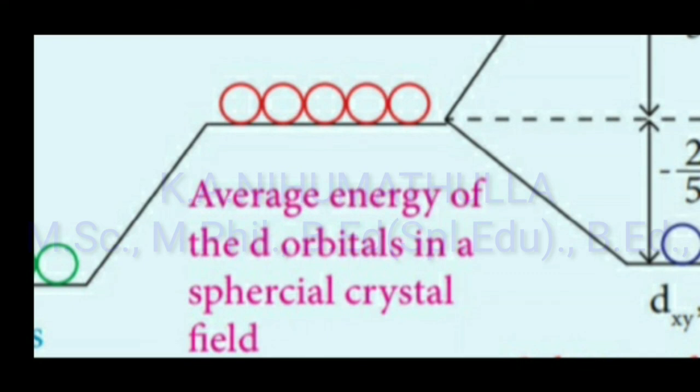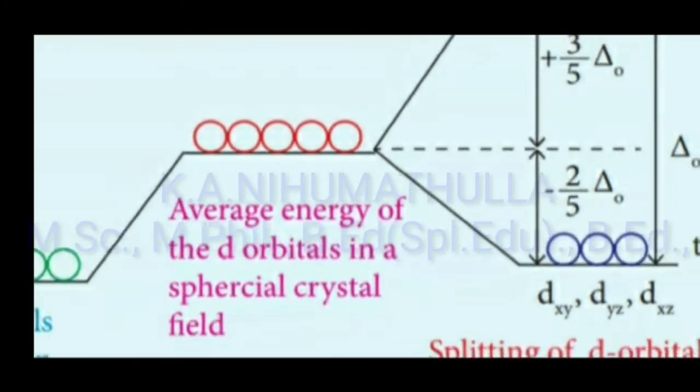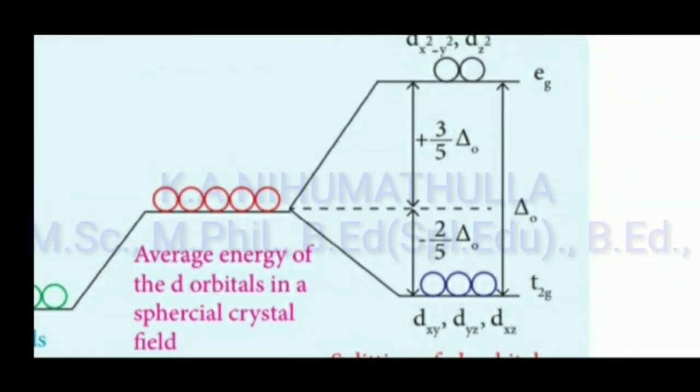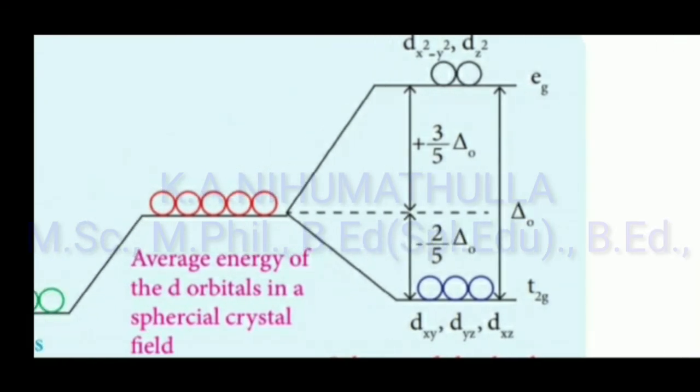When it approaches further, the 5 d orbitals split up into 2 sets: T2g and Eg.